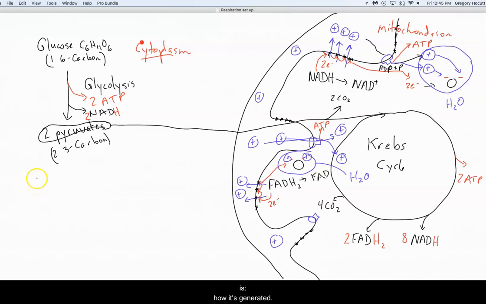is, how it's generated. When we start out, we've got glucose, and the energy is in the molecular bonds of glucose.